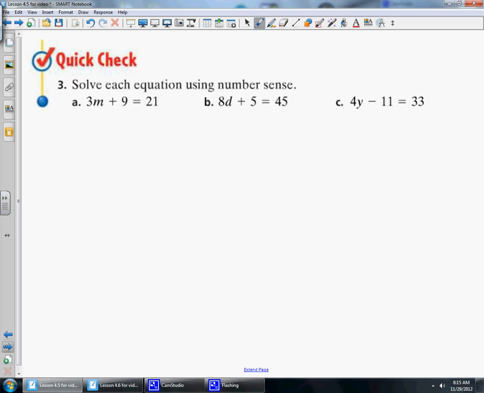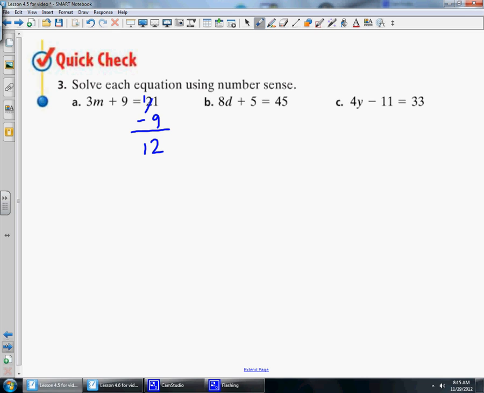So what we ask ourselves is, we cover this part up, we say, what number plus 9 is equal to 21? And that would be, if you're struggling, you can always subtract.